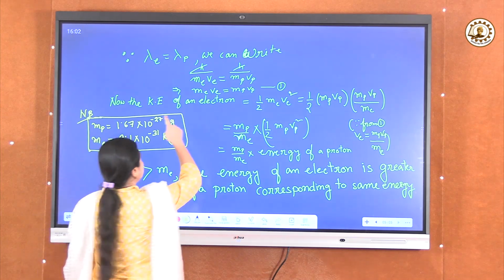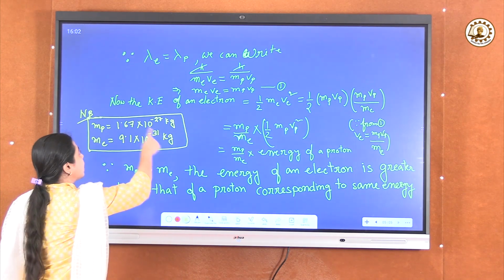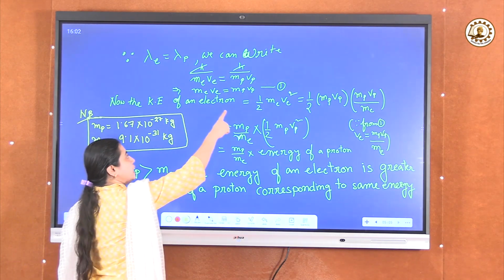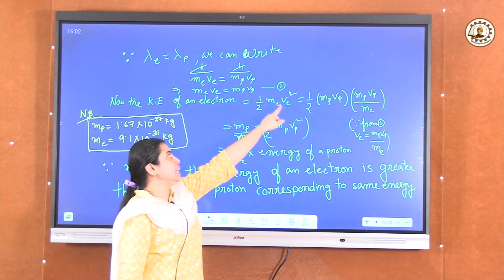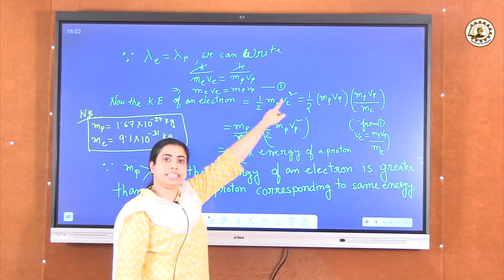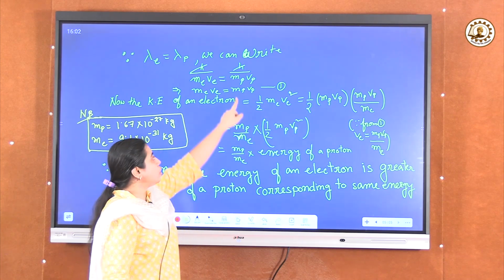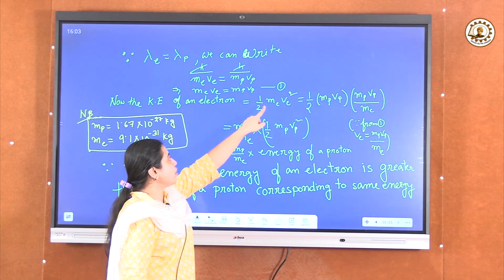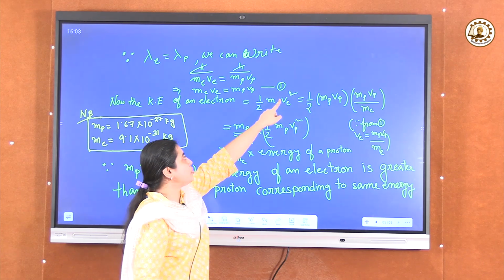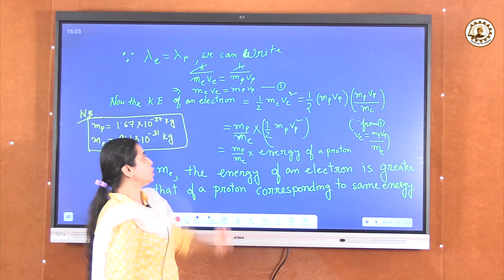Now this is a known formula: kinetic energy of an electron is equal to half mass into velocity squared. In this equation, what I will do is write the velocity Ve from equation 1.